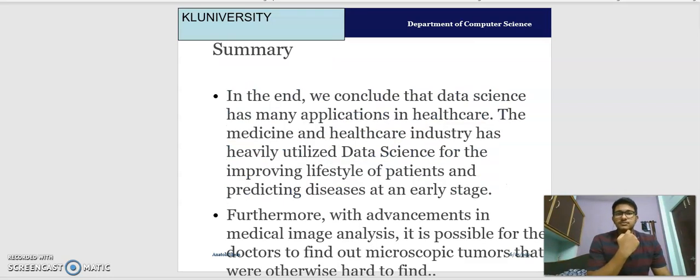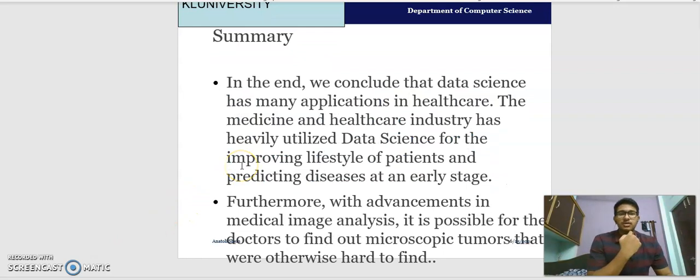Coming to the summary, what we have learned: in the end, we conclude that data science has many applications in healthcare. The medicine and healthcare industry has heavily utilized data science for improving the lifestyle of patients and predicting diseases at an early age.